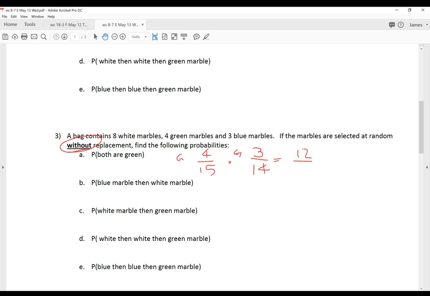Okay. So 15 times 14 is 210, not 225. So in terms of decimal number, it should be pretty close to the first answer, but slightly different.